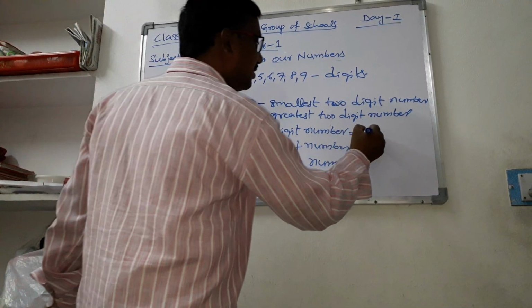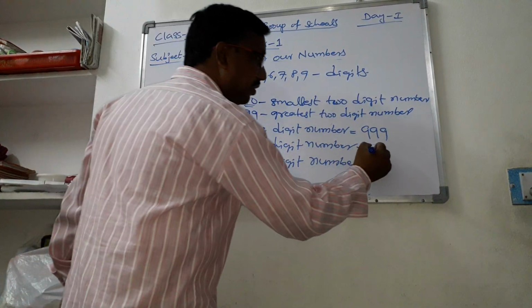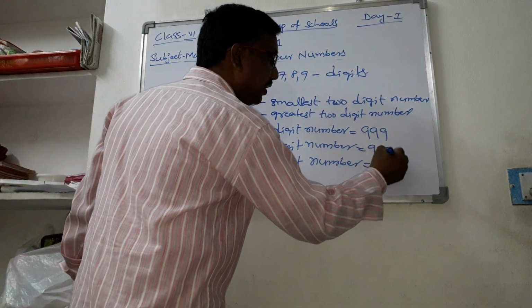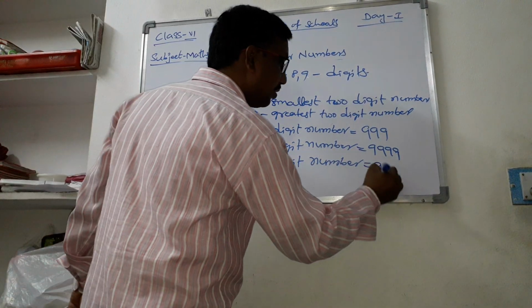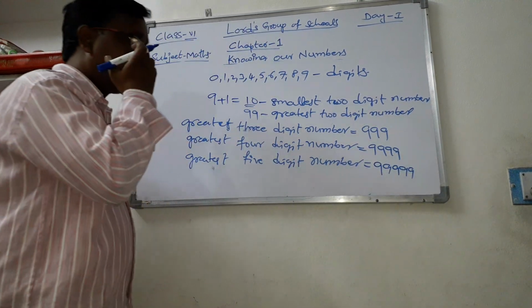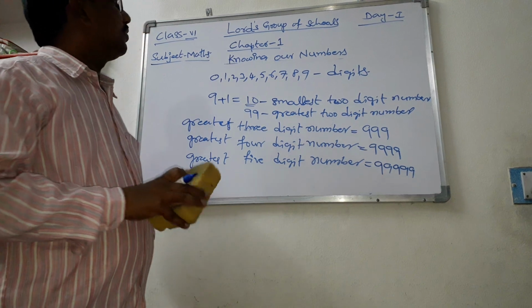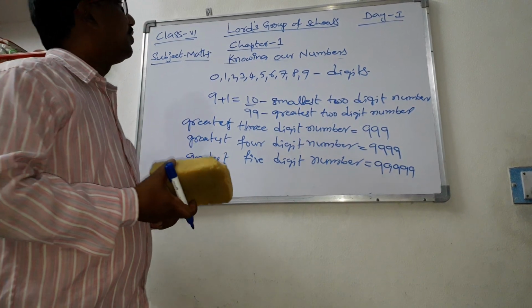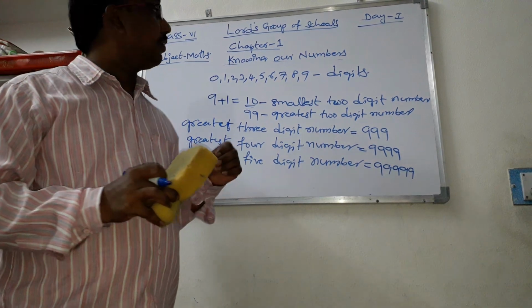The greatest 3-digit number is 999, the greatest 4-digit number is 9999, and the greatest 5-digit number is 99,999. Like this.